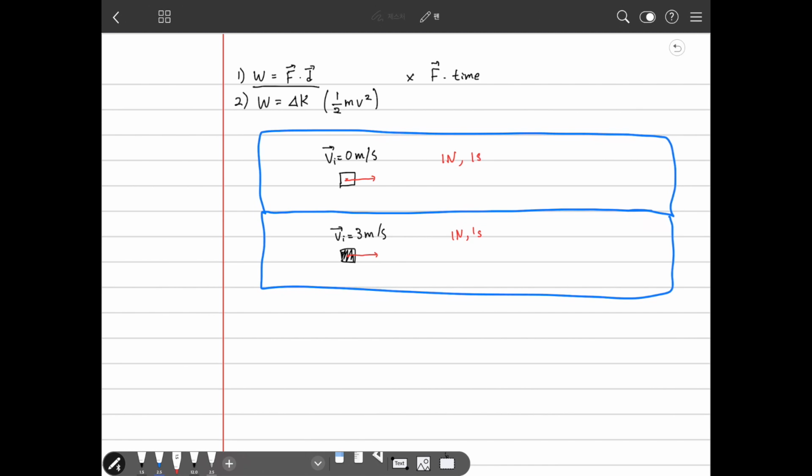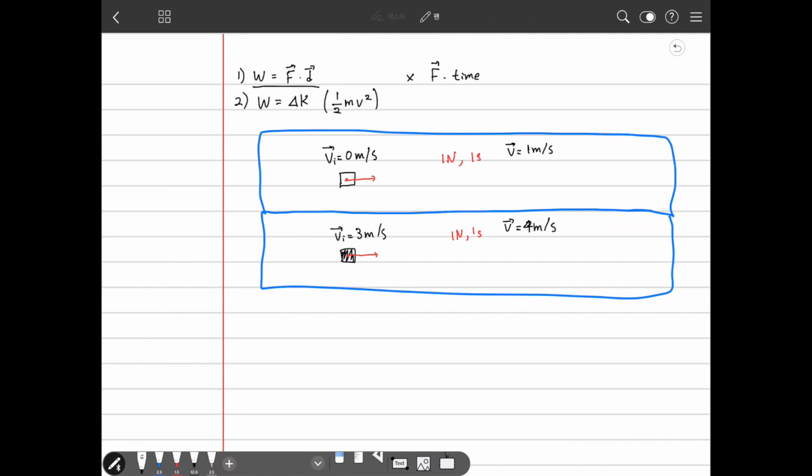And when you do this, the final velocity of these two blocks will be 1 meter per second for the white block and 4 meters per second for the black block.